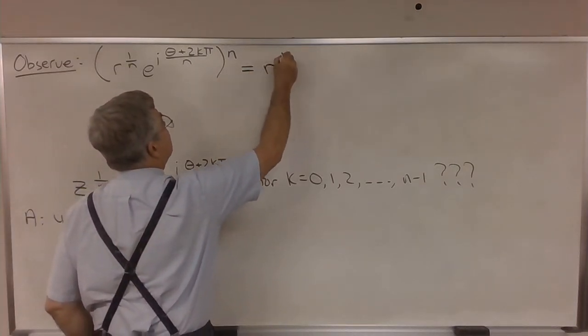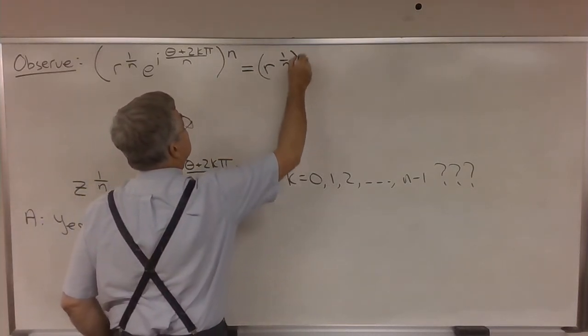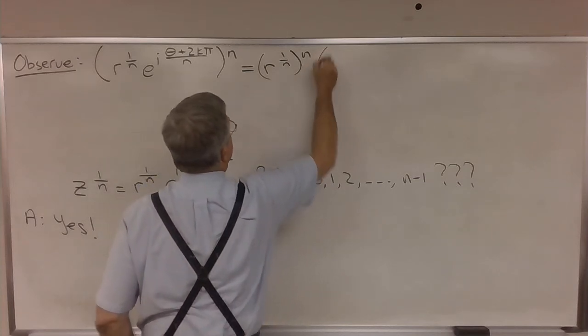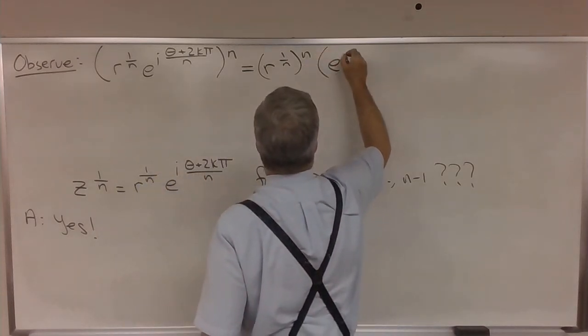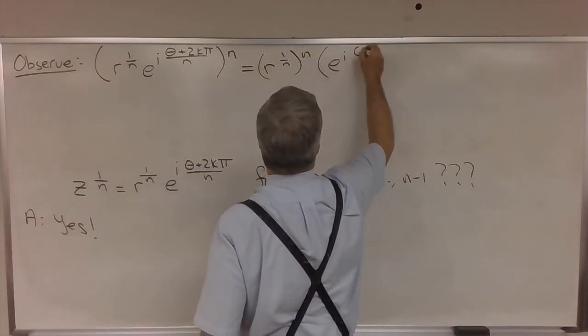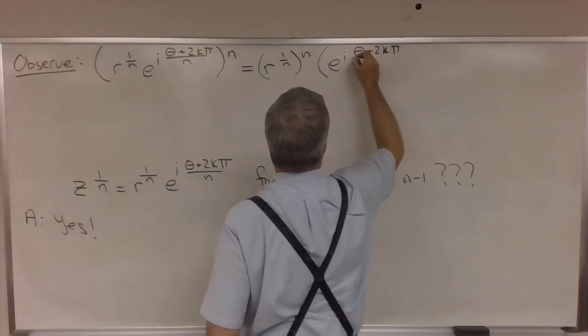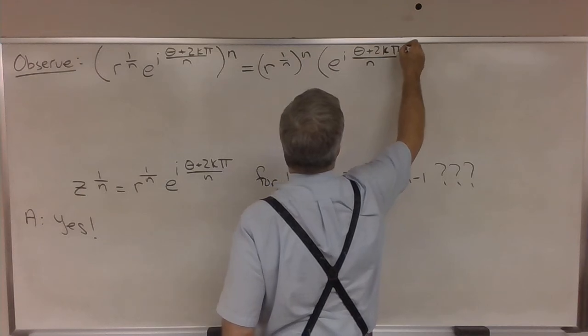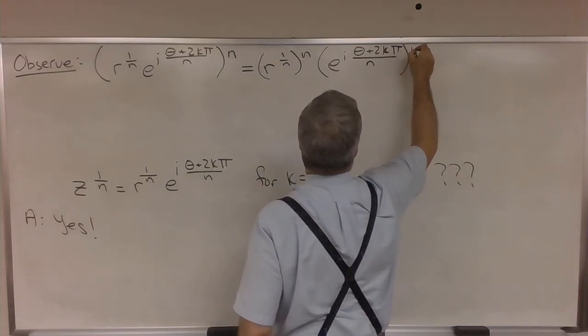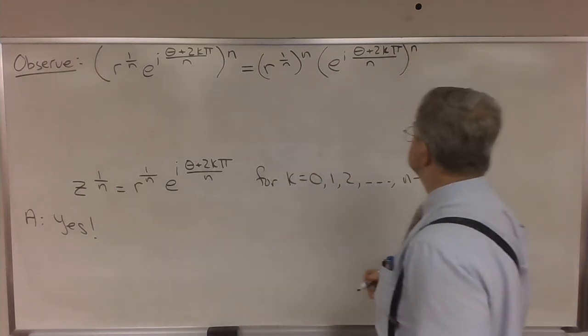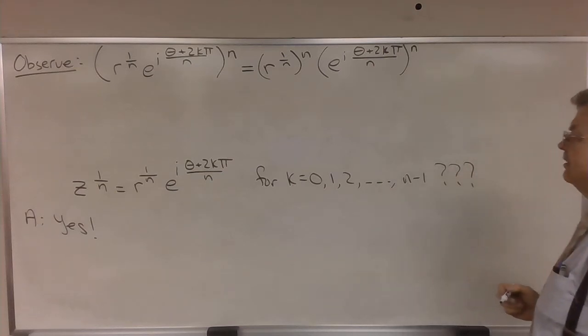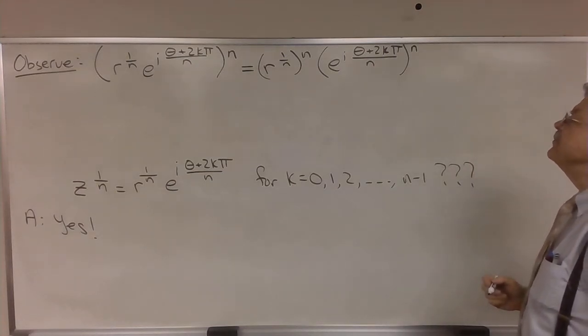And we'll get r to the 1 over n to the n power. And we'll get e to the power of i times theta plus 2k pi over n to the n power. Looks good so far.